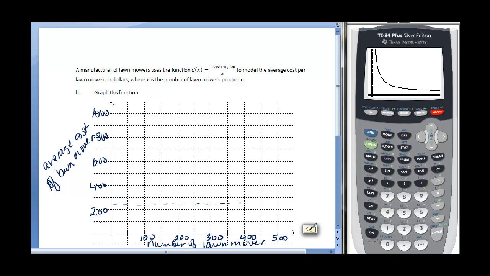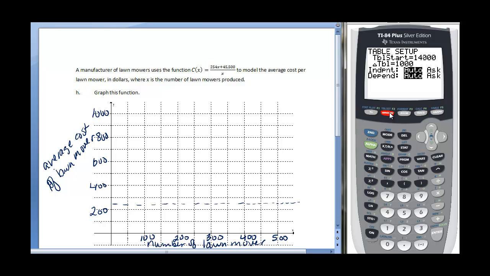Hard to have a ruler on the screen though. Okay, and then I need some values to put up here, and I think the easiest thing to do is again go back and use your calculator, and go up to table set, and I'm going to have my table start at 0, and then I'm going to go up by increments of 100.